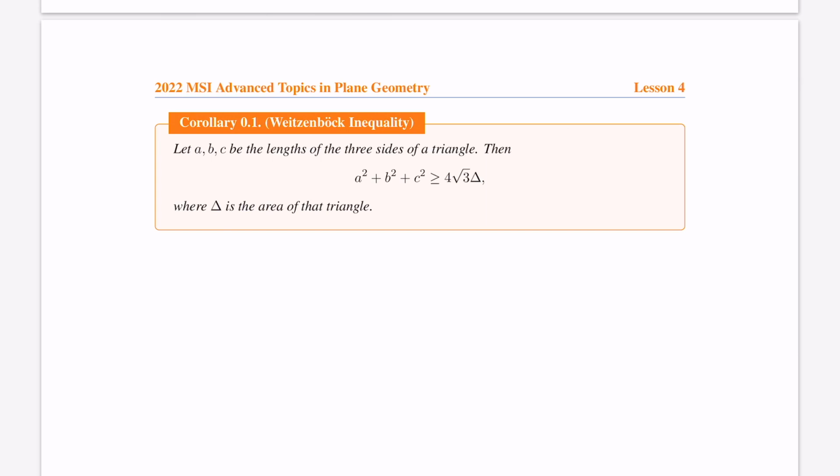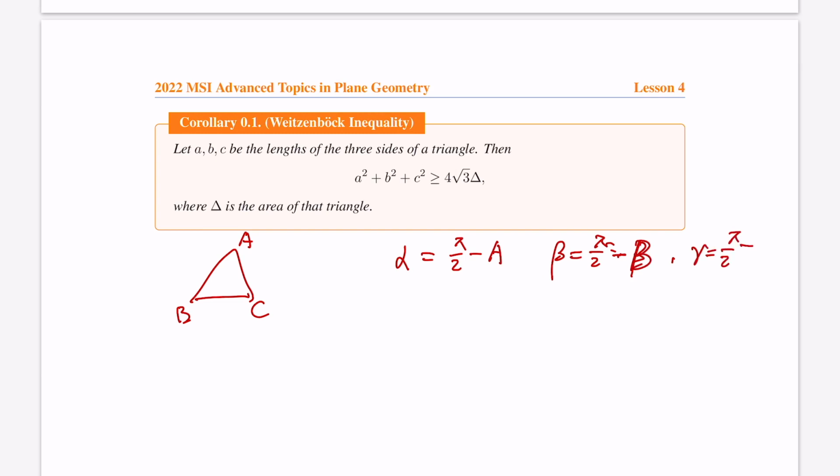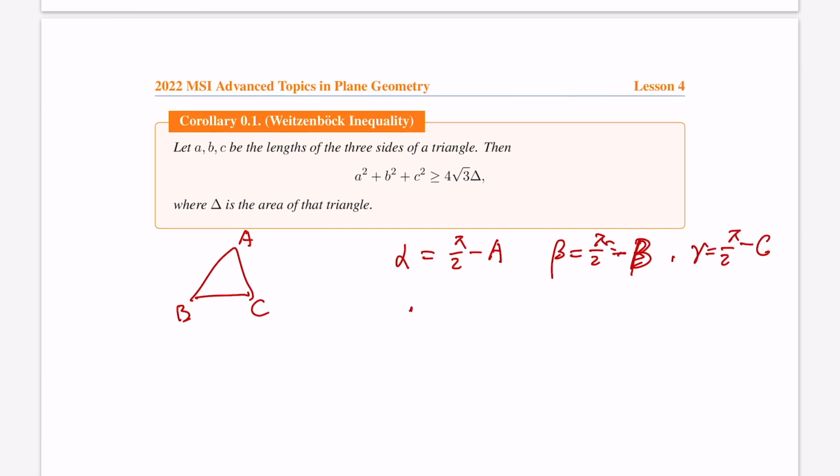So now I can do it because if I have a triangle, 3 sides are a, b, c, so I will take alpha to be pi minus A, beta to be pi minus B, and gamma to be half of pi minus C. So then alpha plus beta plus gamma equals 90 degrees.